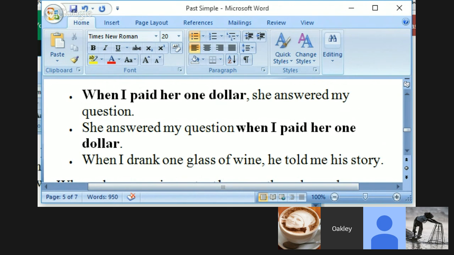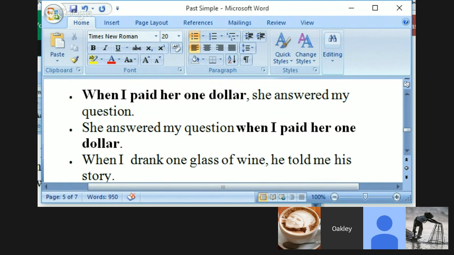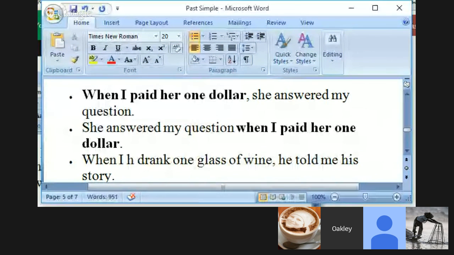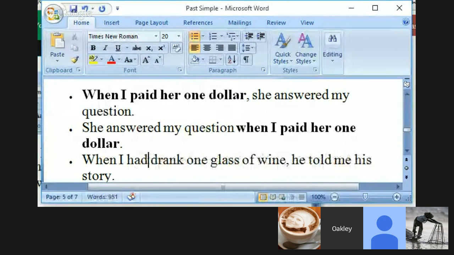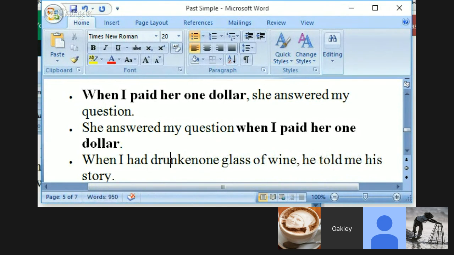Okay, that's interesting. Now, I have a natural inclination here. I can't help myself to do this. When I had drunk, I might do this in this case. Now, what you did is not wrong. Again, it's following the rules we already learned. It's okay to use two clauses, both with past simple, to show one action happen then the other.